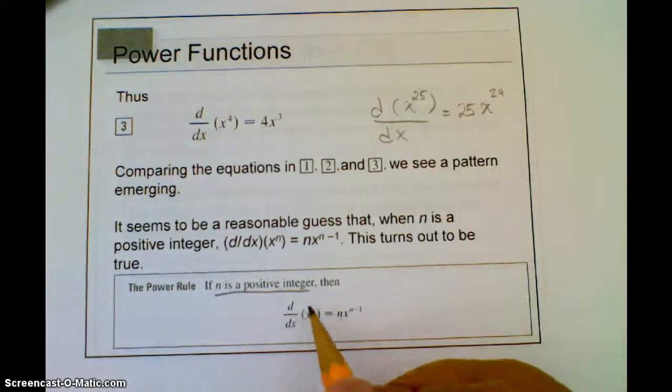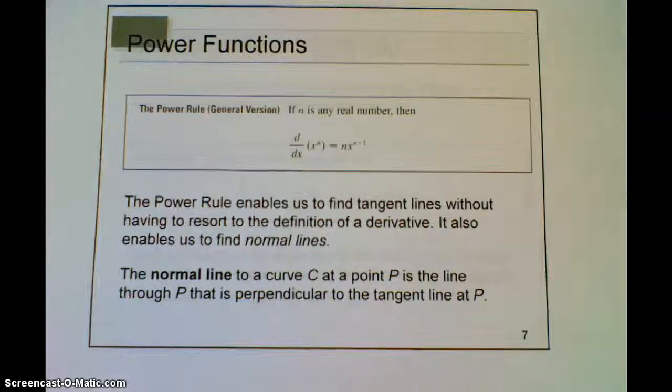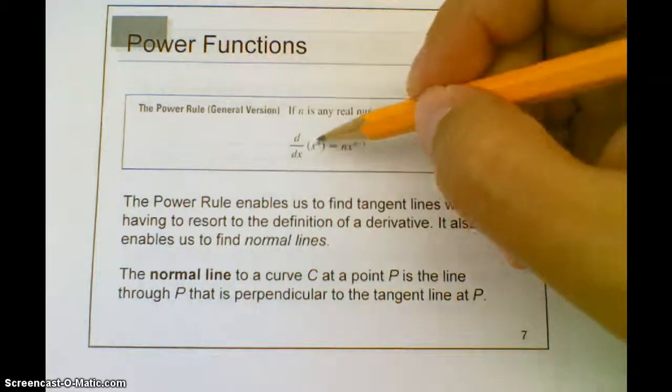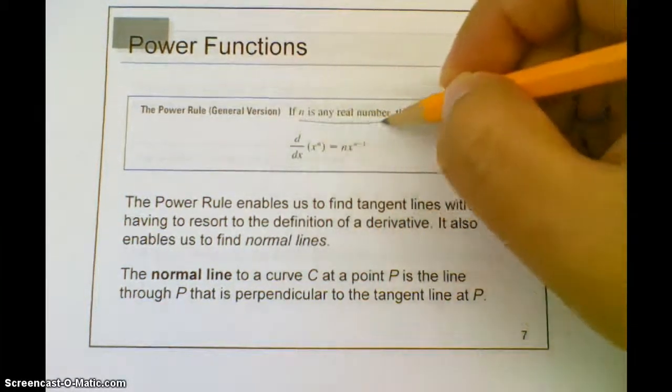Remember that polynomials are going to be all the sum of powers of x as long as those powers are positive or 0, but no negative ones. It turns out that this power rule can be generalized not only for positive integers, but also for any real number.